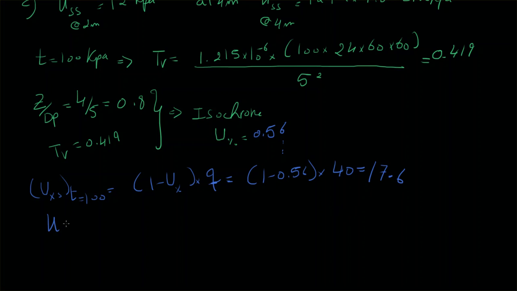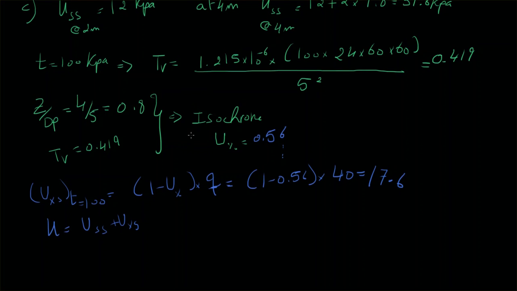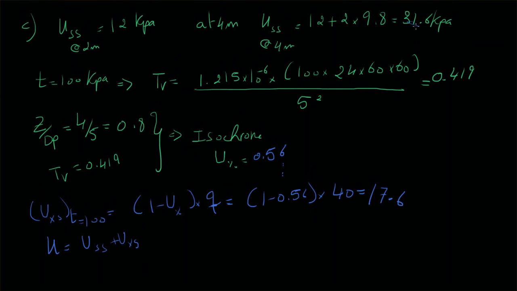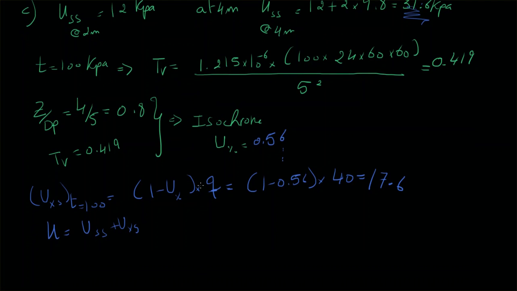Finally, my total pore water pressure is gonna be my USS plus UXS. And we said that USS is 31.6 right here. So that's equal to 31.6 plus 17.6, 49.2 kPa. That's at 4 meters and a time of 100 days.